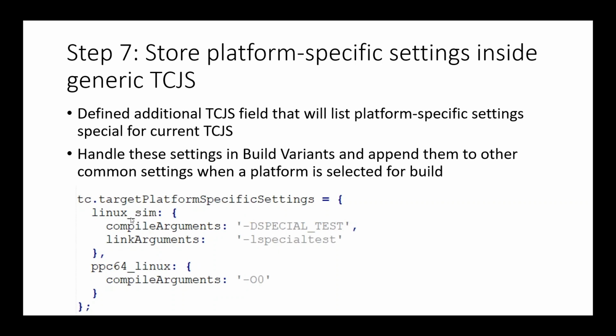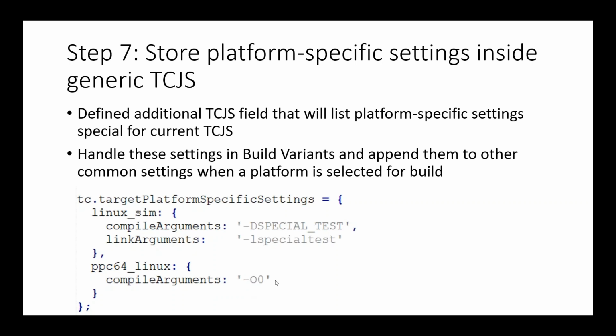And so this is the name of the platform, colon, and here we define a map which is the name of the property for which we found specific things, and the definition of these special things.